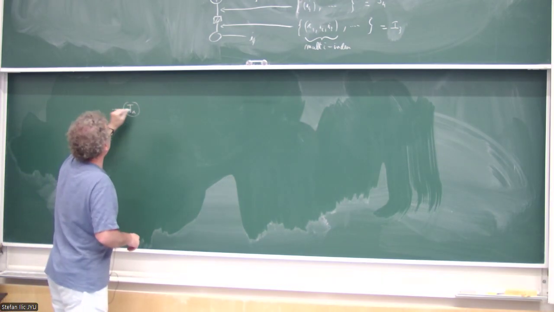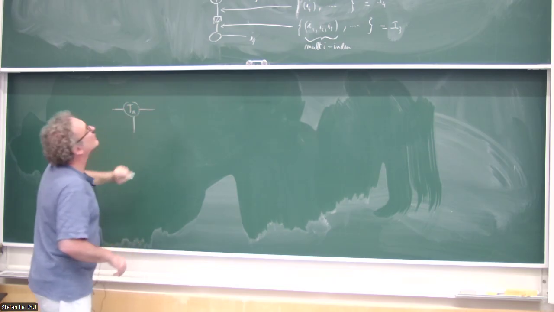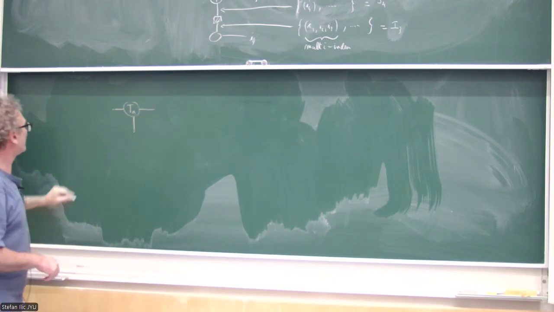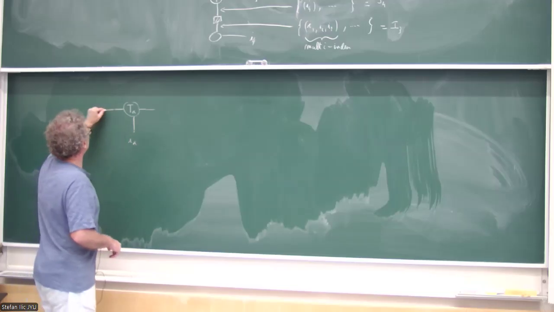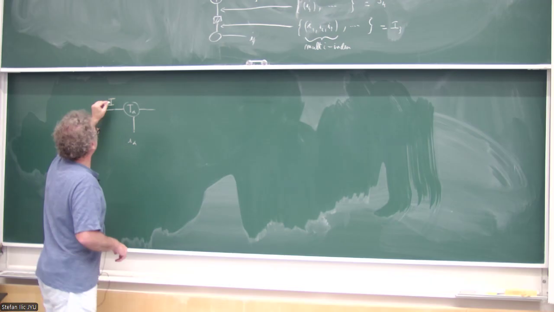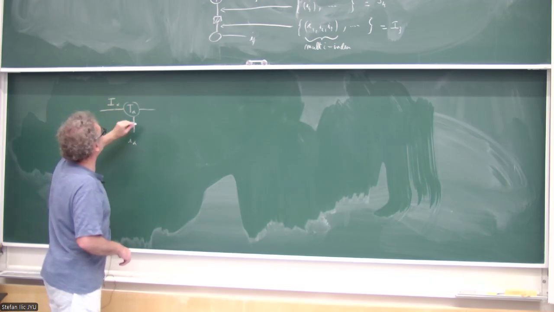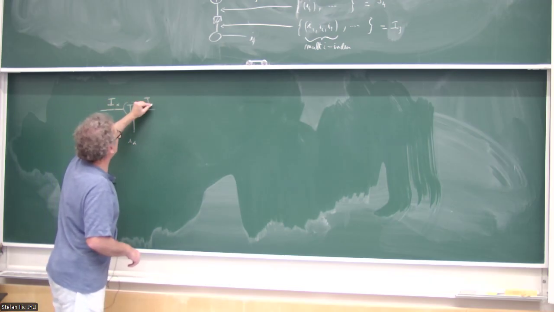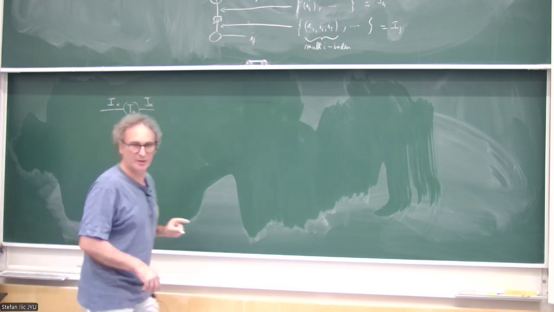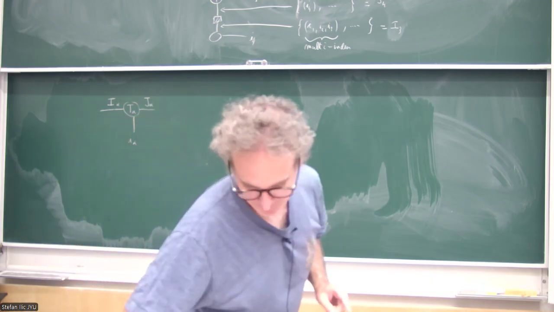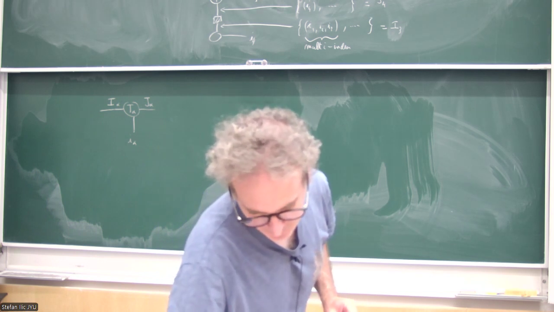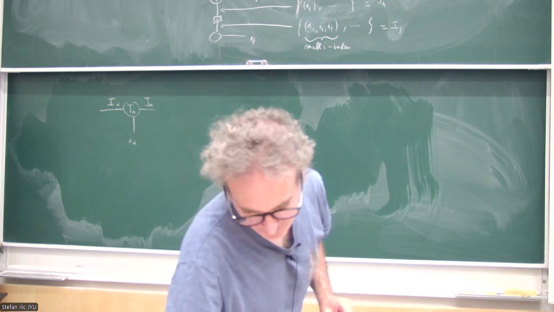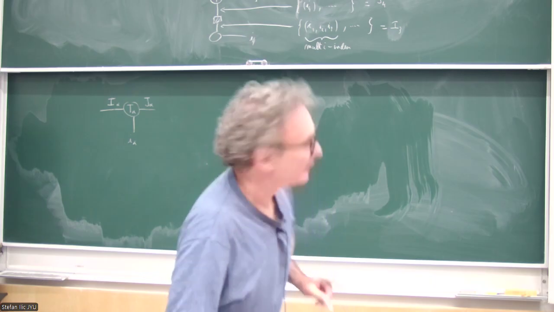We have this tensor T alpha, where the leg is I alpha. Here are the rows for this one, and the columns for this one.